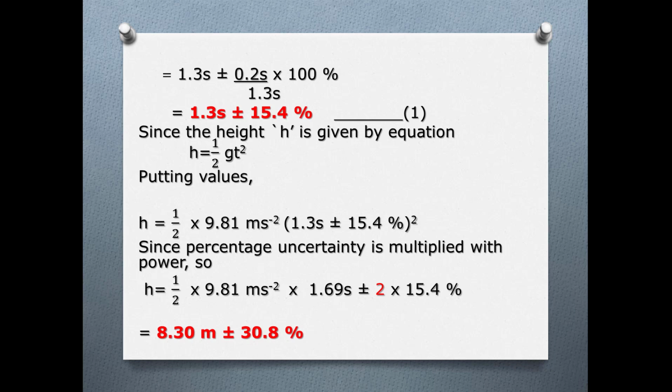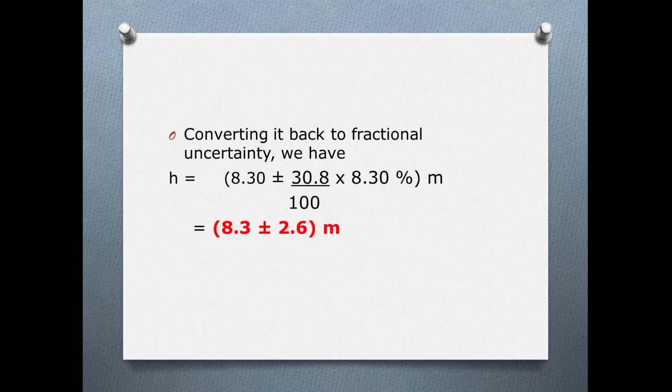This is the percentage uncertainty in height, and in the last step we convert it back to absolute uncertainty. How? We use the formula actual value plus minus actual value multiplied by percentage divided by 100, that will be 8.3 plus minus 2.6. So that is the result for height.